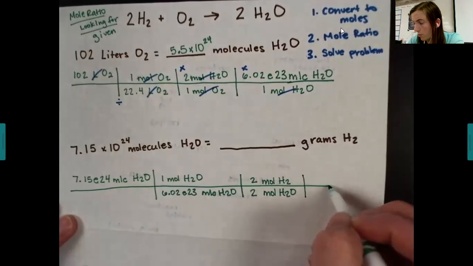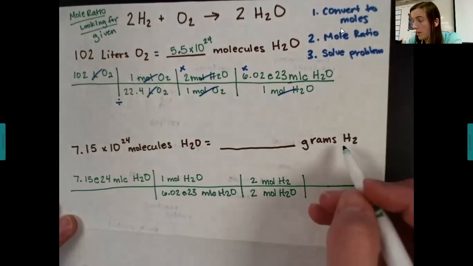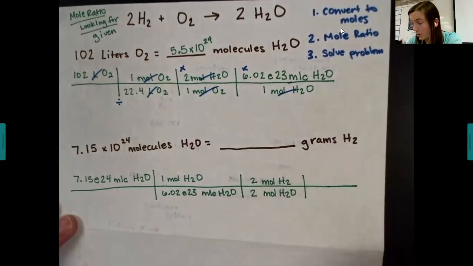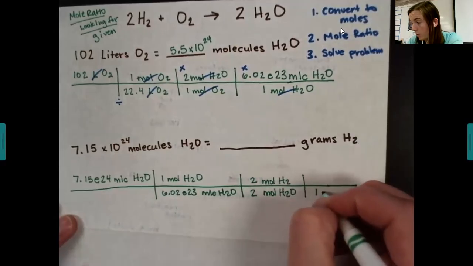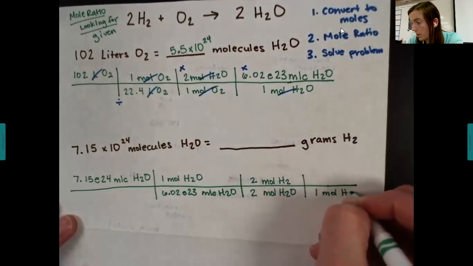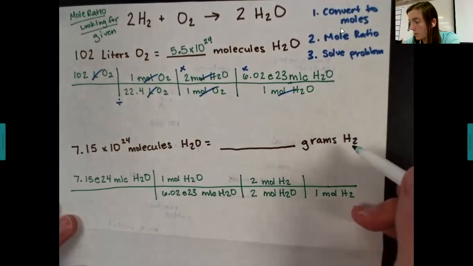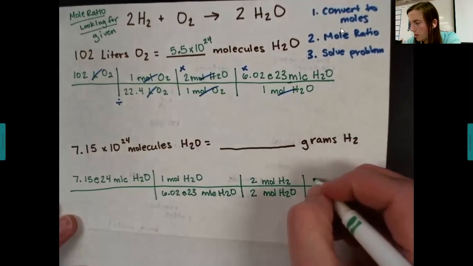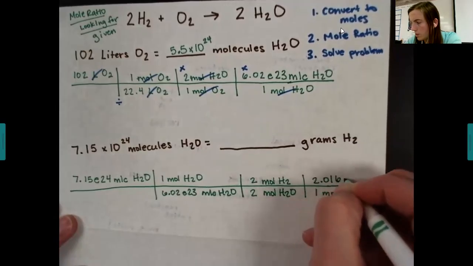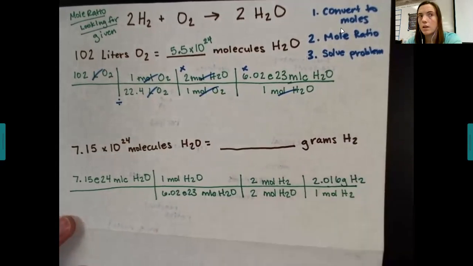All right, so now we have our mole ratio. And then this is asking for grams of hydrogen. So for every 1 mole of hydrogen, we have grams. Remember, hydrogen's 1.008 and there's 2 of them. So 2.016 grams of hydrogen.